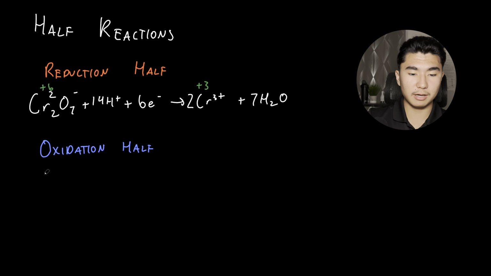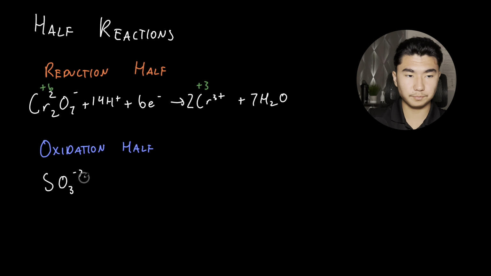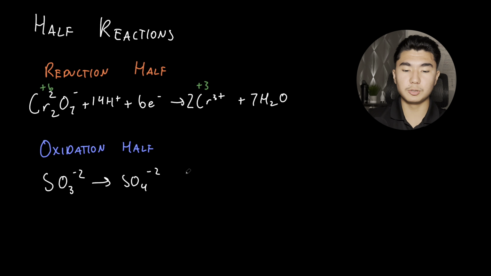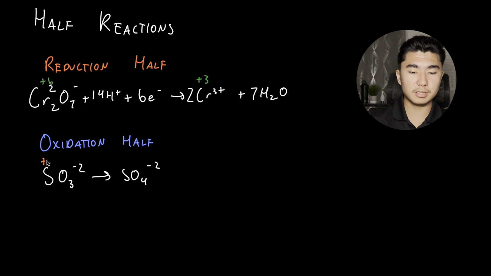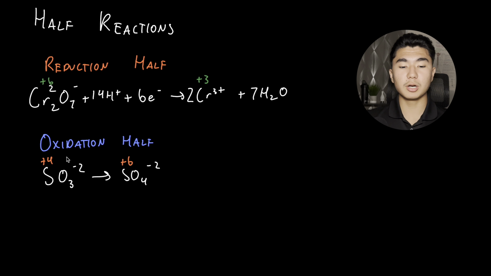So our oxidation half reaction is going to look like this: SO3 2- goes to SO4 2-. And if we remember, we went from a +4 to a +6. I'll just write this down for memorization: +4 to +6. So we're going from 4 to 6.